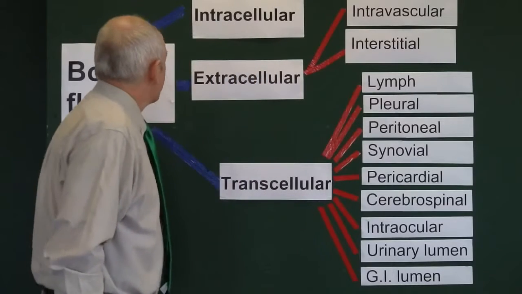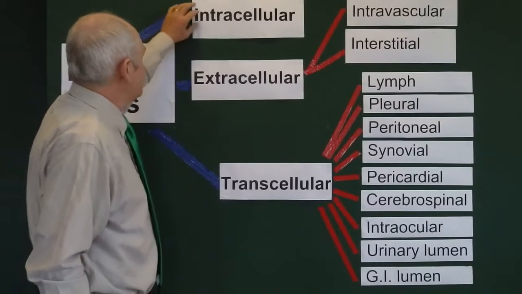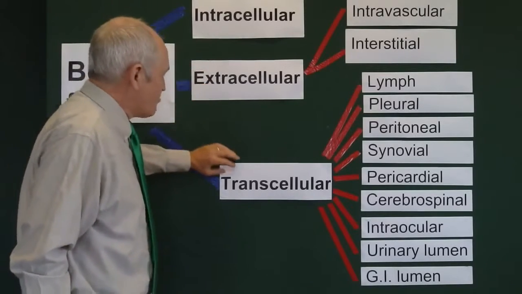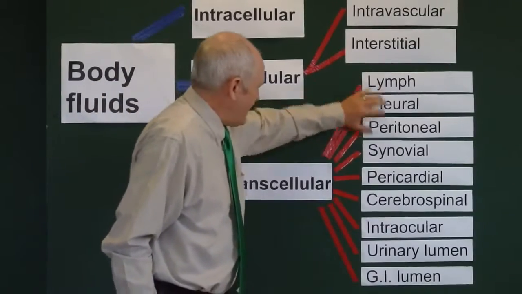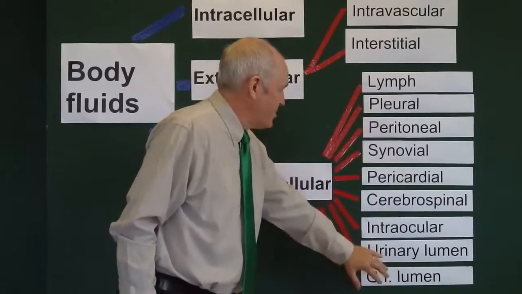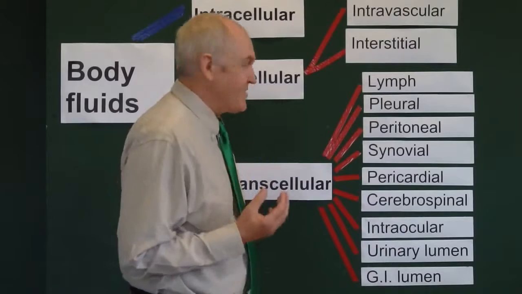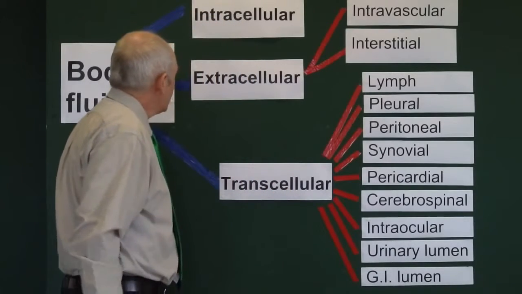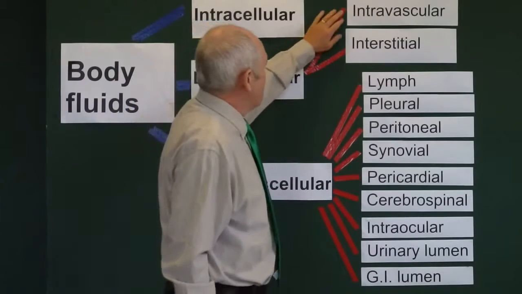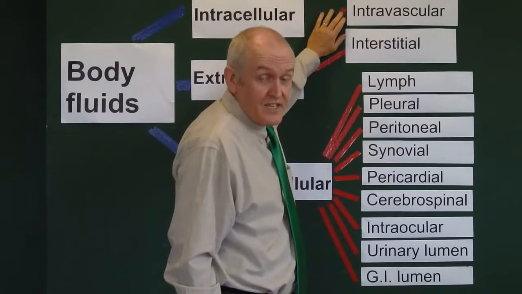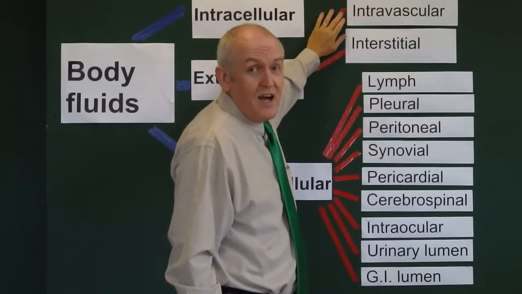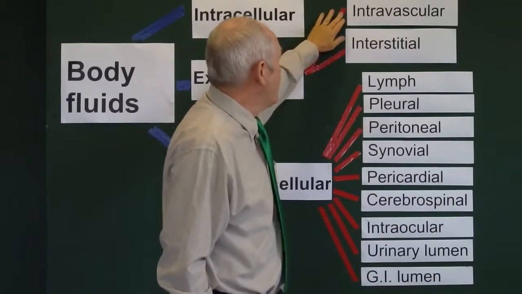So remember, body fluids: intracellular, extracellular, transcellular in the third spaces. Abnormal amounts of transcellular fluid occurs in pathological situations. And it's the same with the intravascular compartment. There could be not enough fluid in the intravascular compartment, causing hypovolemia, which can cause shock.